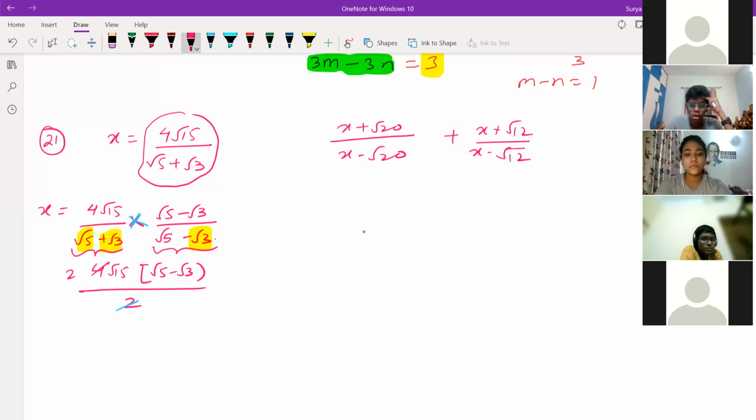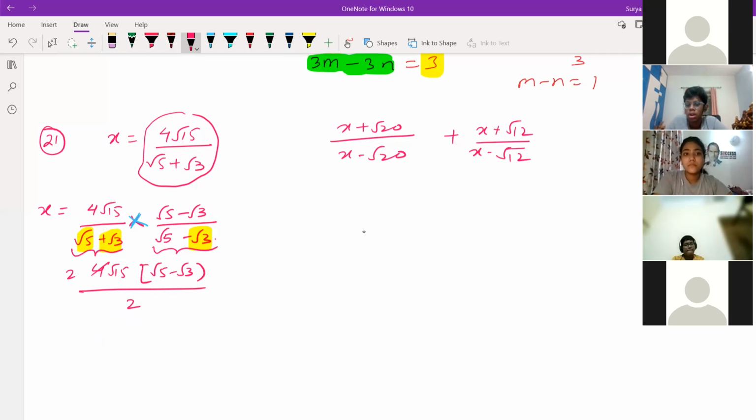See, in rationalization, what we do? Square root, sir. A square root we should do. Tell me, square root of what? What are you trying to say? Sir, can we do root 5 and root 3 square root? You should find the values of root 5 and root 3.